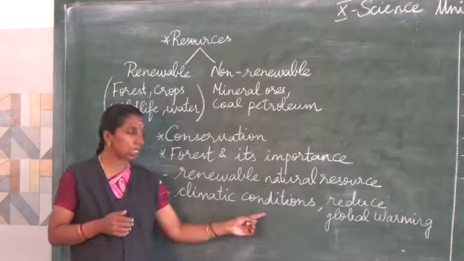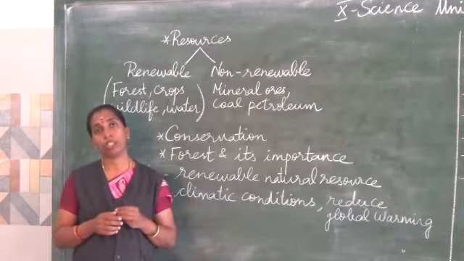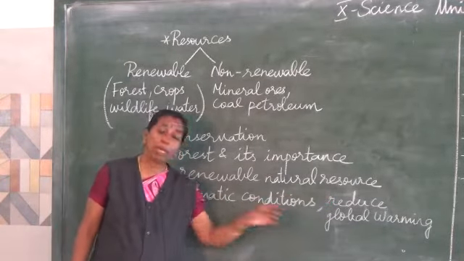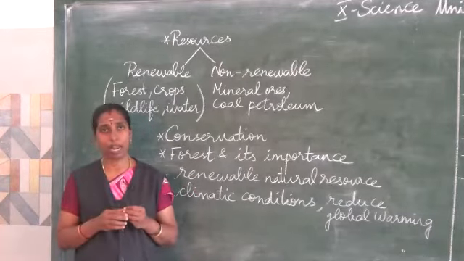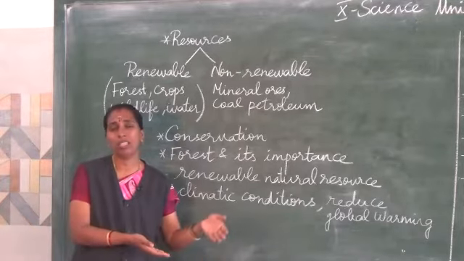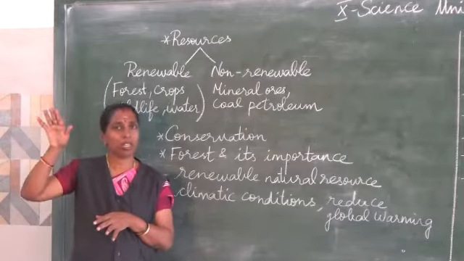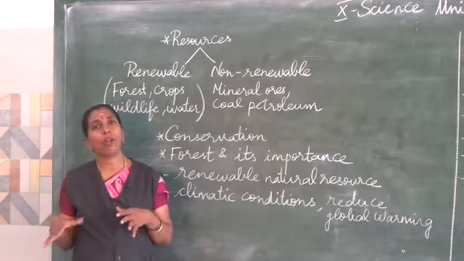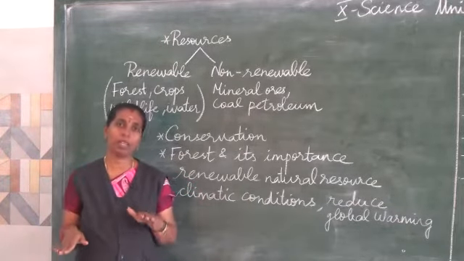There is a reduction in rainfall. Then global warming increases. So many aspects will be affected due to deforestation. On one side, there is an increase in population. On the other side, there is a reduction in the forest vegetation cover. So what will happen? Automatically there is an imbalance.